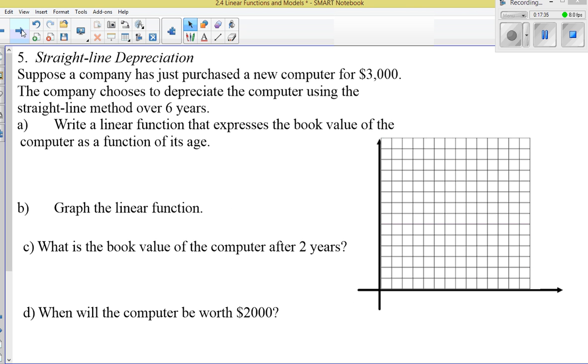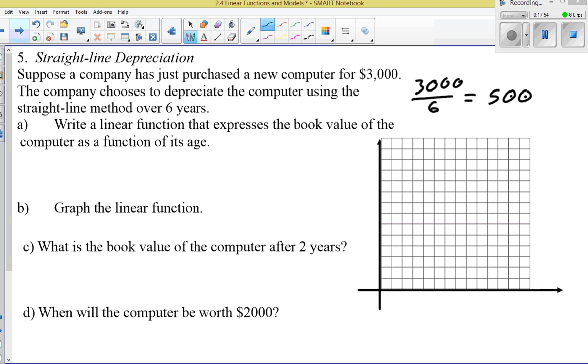Our last example here, straight line depreciation. Suppose a company has just purchased a new computer for $3,000. The company chooses to depreciate the computer using the straight line method over 6 years. So I can do 3,000 divided by 6. That's going to tell me how much the computer depreciates each year.